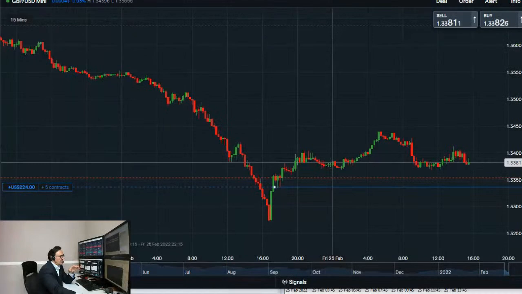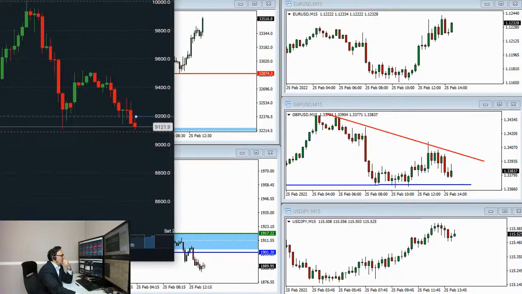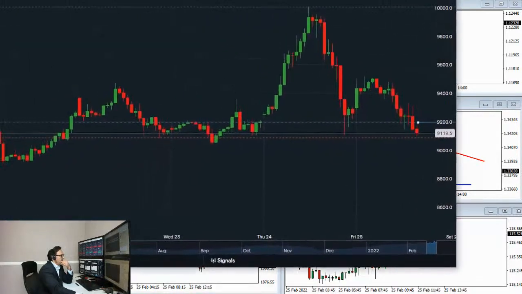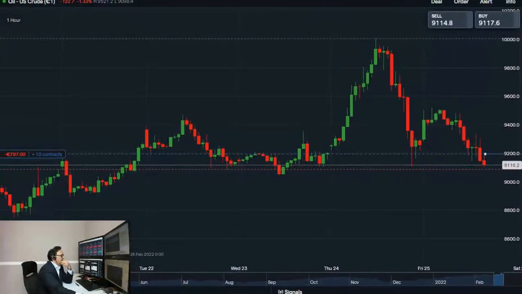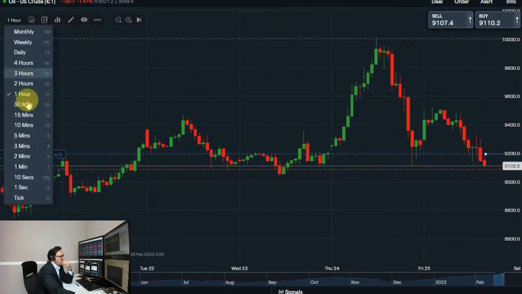So leaving that on, and the current crude oil trade is not looking well at all. Absolutely not looking well at all. Okay, here we go. It looks like it's pushing lower.